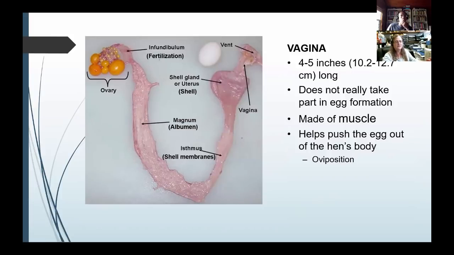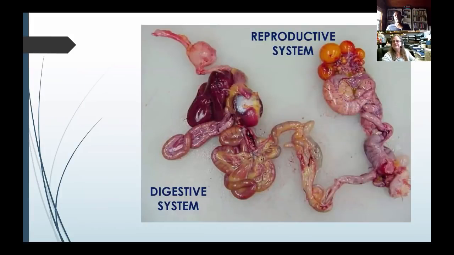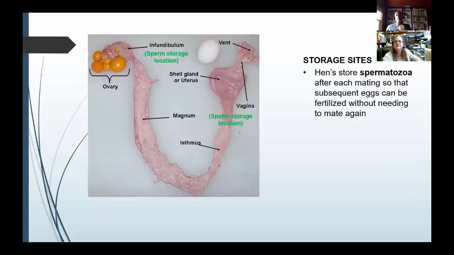So although the egg and the fecal material come from the same opening, the egg does not come into contact with the fecal material when it's being laid. So that is an important thing. And as a little tidbit, the egg comes down small end first and is laid large end first. Just a tidbit of information.